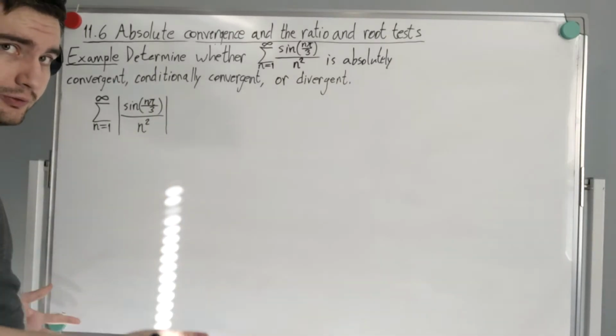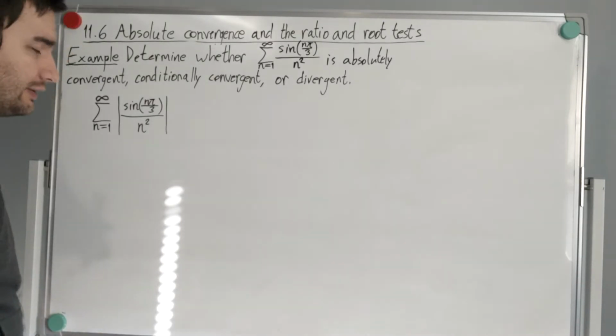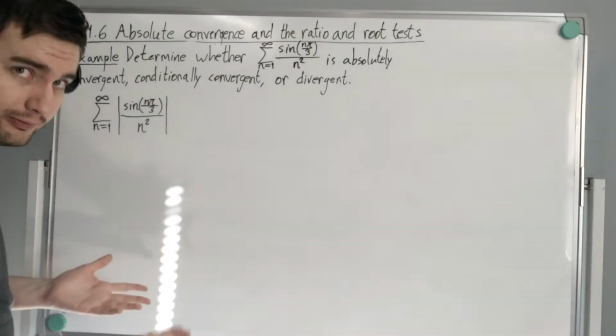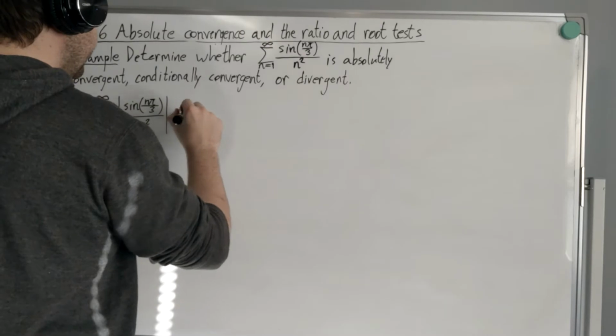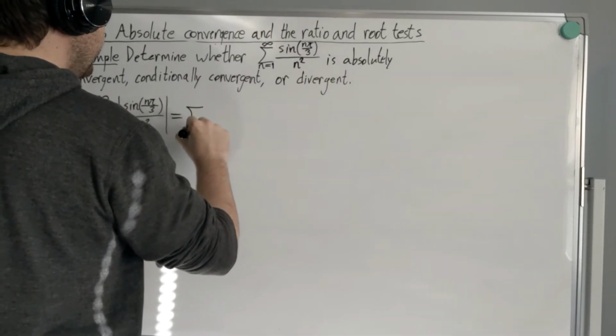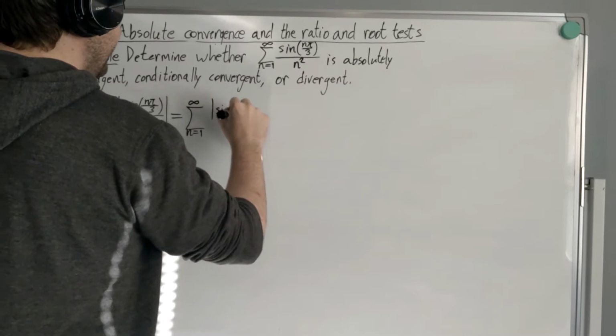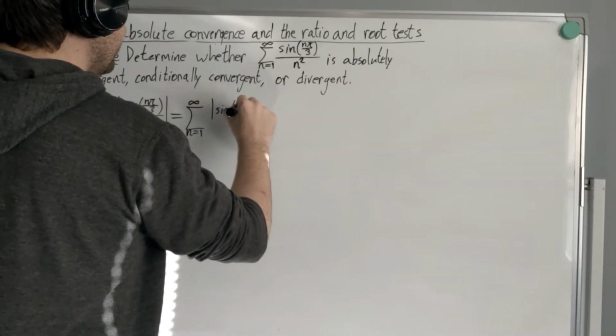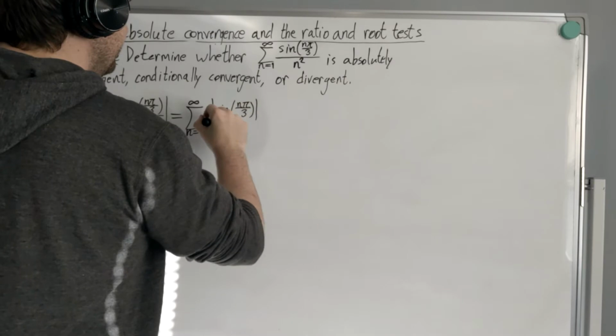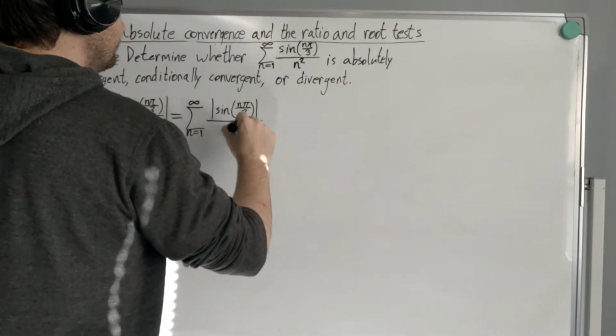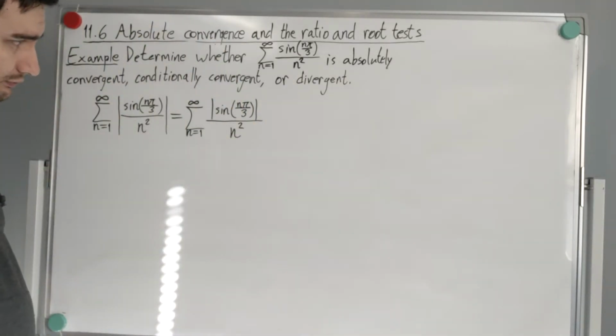So now n squared is, of course, non-negative, so that means that it is its own absolute value. So if we want, we can just write this as the sum from n equals 1 to infinity of the absolute value of the sine of n pi over 3 divided by n squared. Okay?